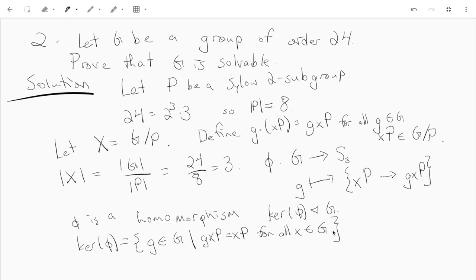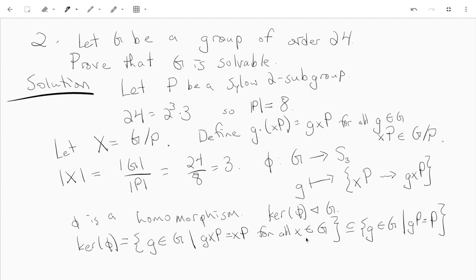This is a subset of those g's such that gP equals P, because now I've relaxed the condition.